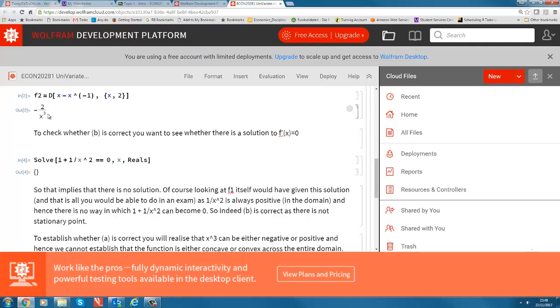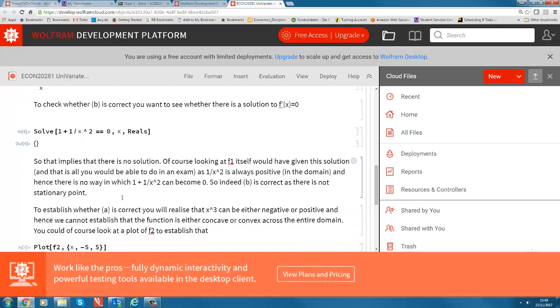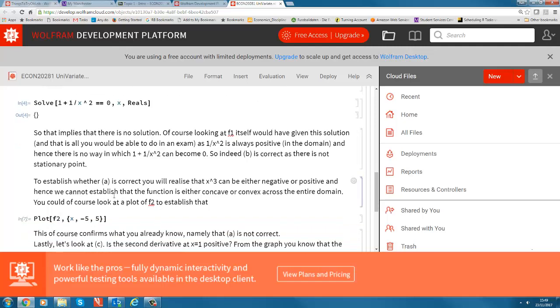So the overall term can be positive or negative, depending on what x cubed is. So we can already realize that we cannot say that the function is concave across the entire domain. Now, let's say that wasn't so obvious.